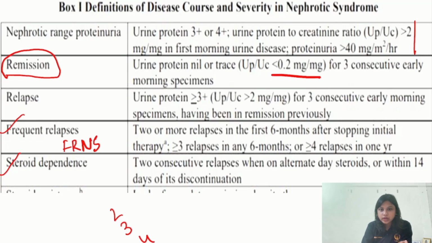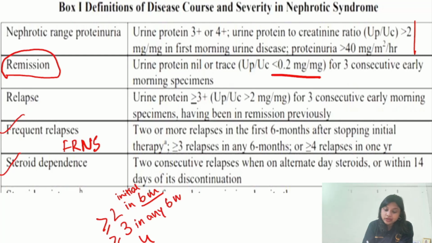So more than or equal to 2 relapses in the initial 6 months after stopping. More than or equal to 3 relapses in any 6 months.